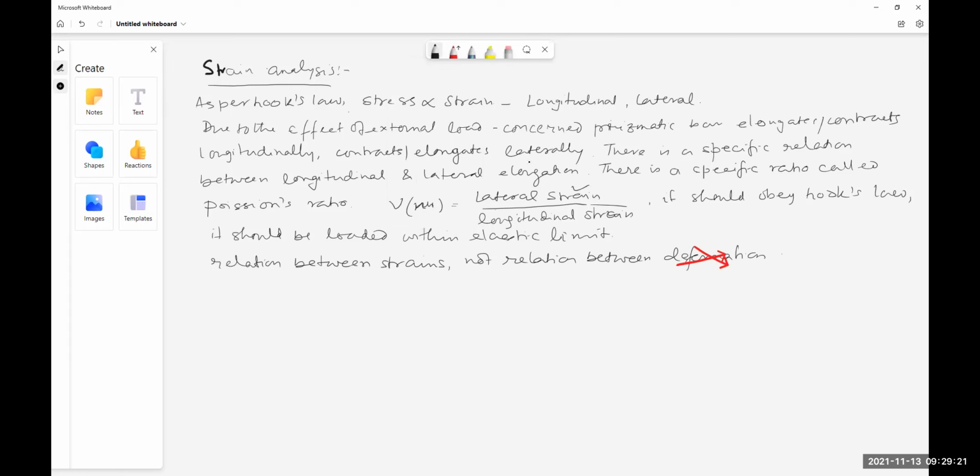Which means the strain means deformation per unit length is defined as strain. You know, lateral or longitudinal.